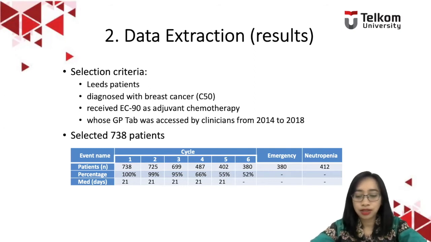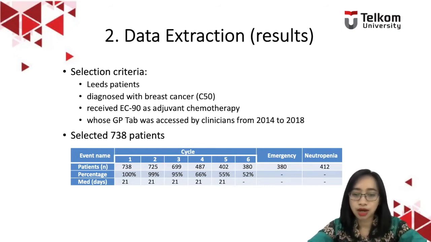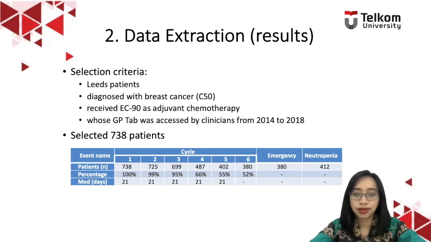But along the way, during the cycles of chemotherapy, we see that the number of patients is decreasing until in cycle 6, we have 380 patients completing cycle 1 to cycle 6. Then we also have additional events, emergency and neutropenia, which were suggested by the clinicians as two adverse events that usually affect whether or not patients will continue the cycles of chemotherapy.